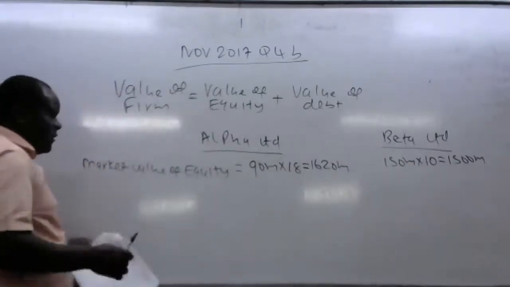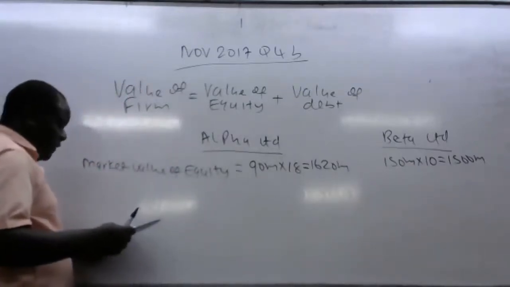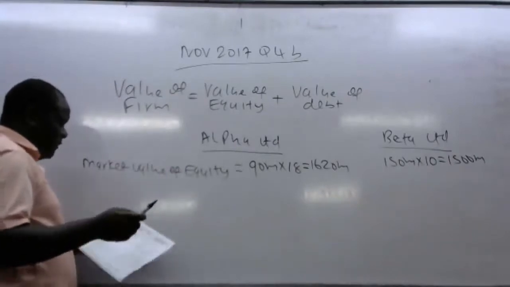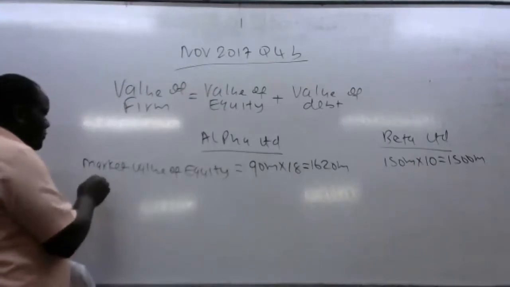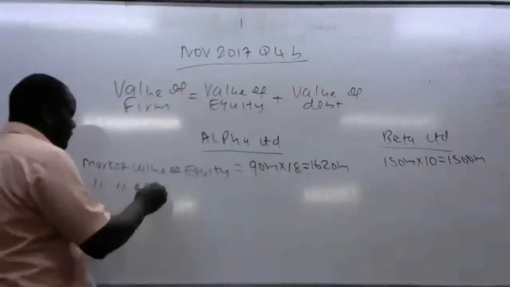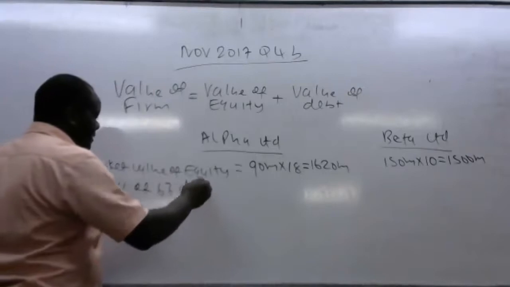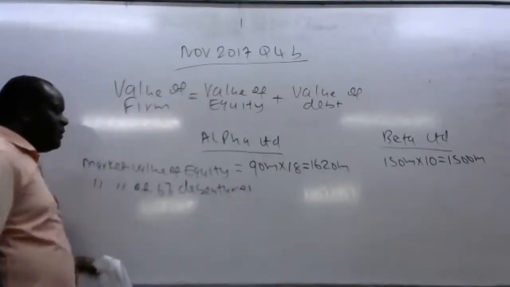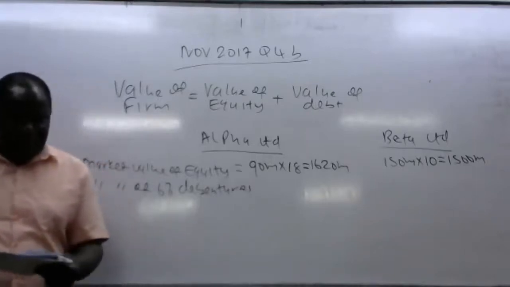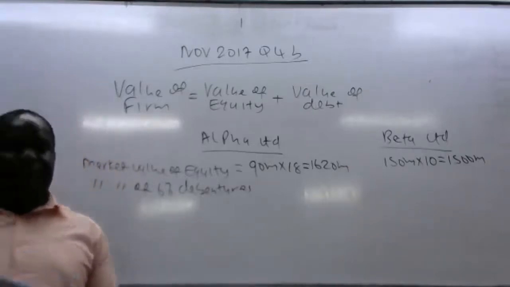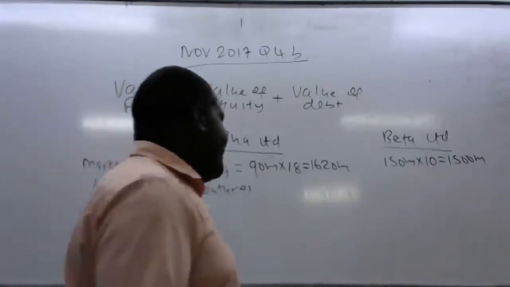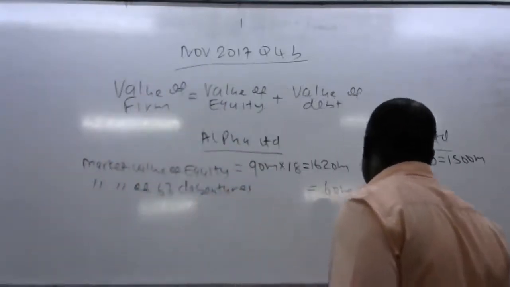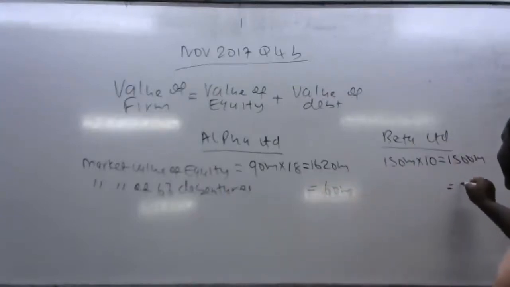We also add the market value for the debt. Market value for the debt is meant to be the debentures. So we also compute the market value of the 6% debentures. This one was given. For Alpha, they gave you 60 million. For Beta, zero.